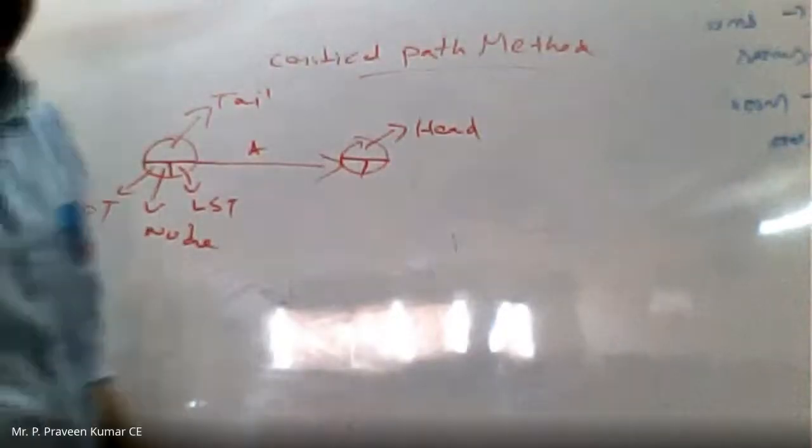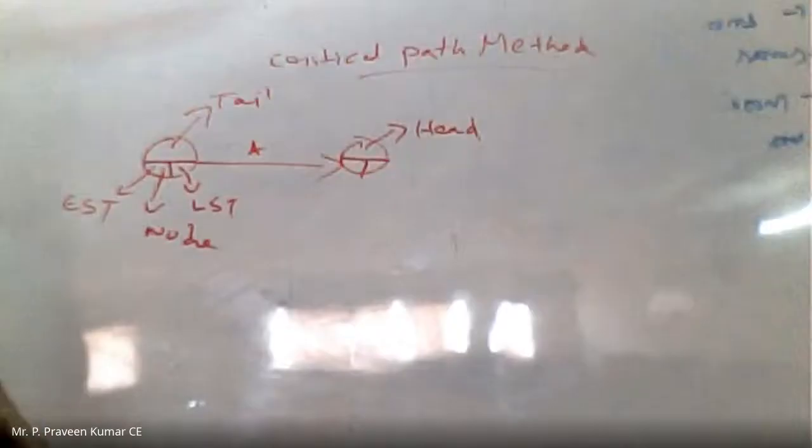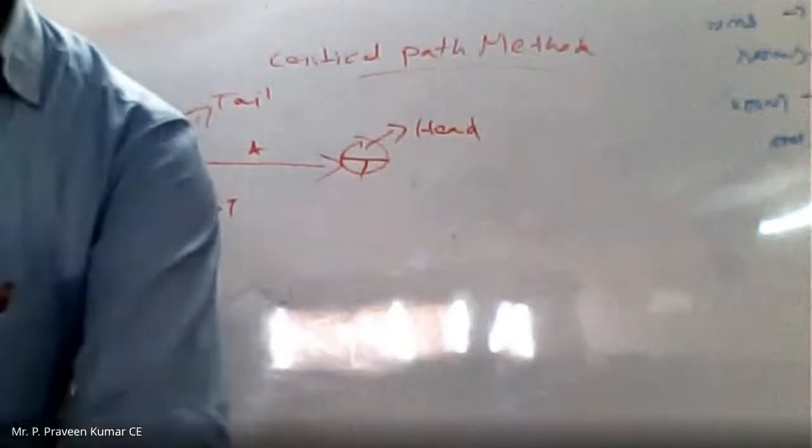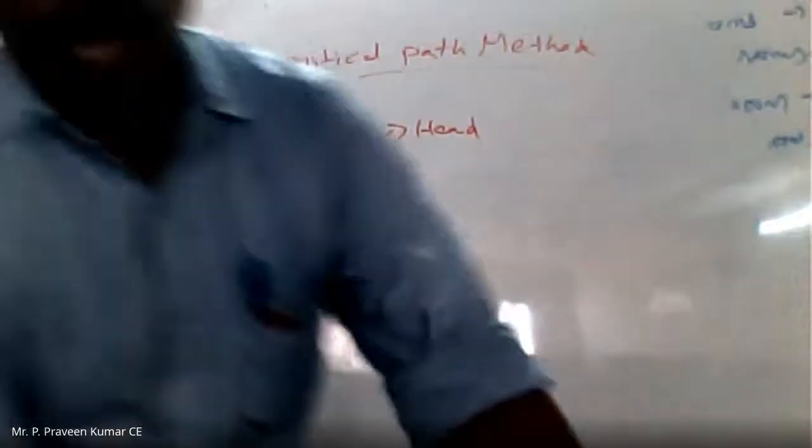Sir, can you please change the direction of the camera a little bit? Yeah, that only, camera position, sir. Why is it not visible, sir? Little bit. That means the tail is not visible on the whiteboard. Okay, I already changed it, but why is the camera position not changing, sir?